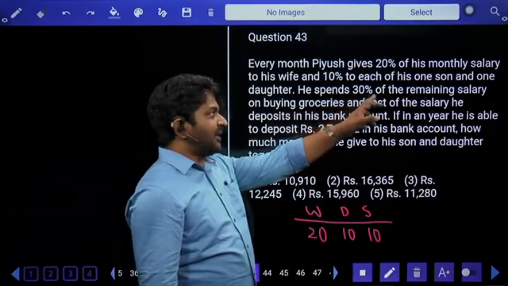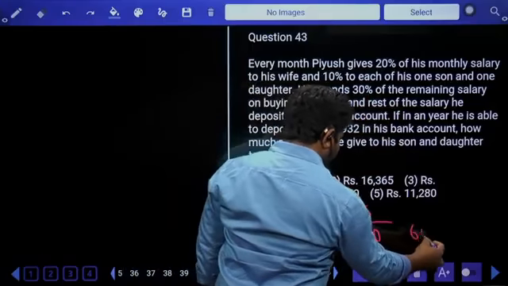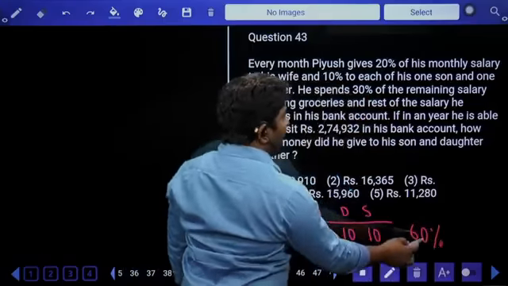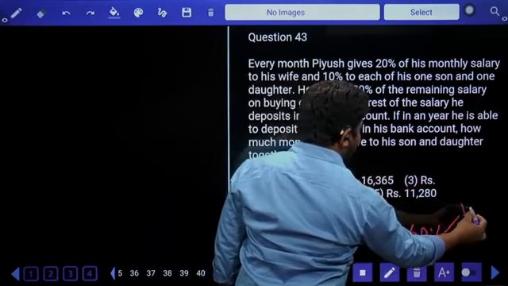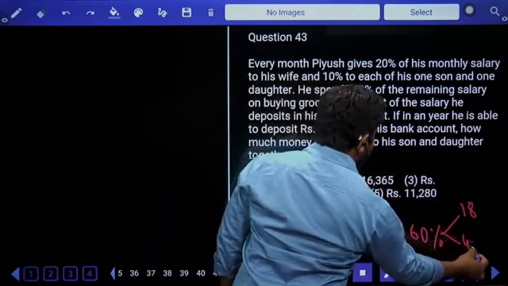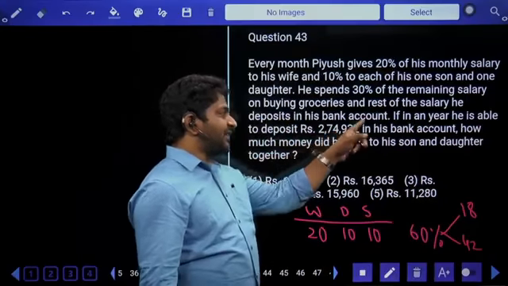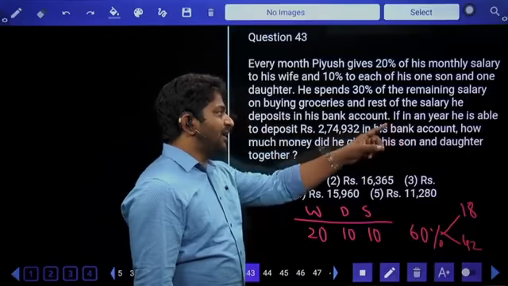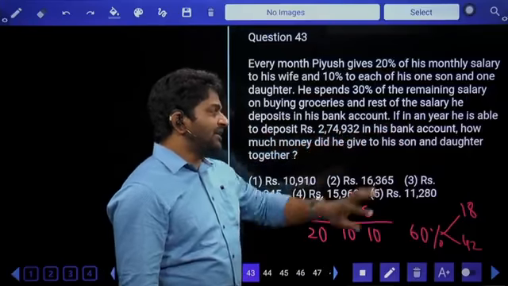He spends 30% of the remaining money. Remaining is 60. Out of this 30%, 10% is 6, 6 3 is 18 is over. Then remaining is 42%. And the rest of the salary he deposited in his bank account. If in a year he is able to deposit 2,74,932 in his bank account.